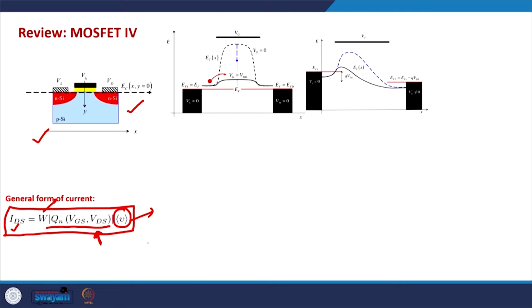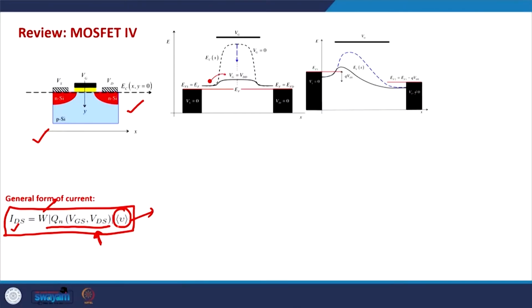So, even in the traditional case this is the starting point, and even in our nano MOSFET case, ballistic MOSFET case, this is also the starting point to analyze the IV characteristics of the MOSFET.